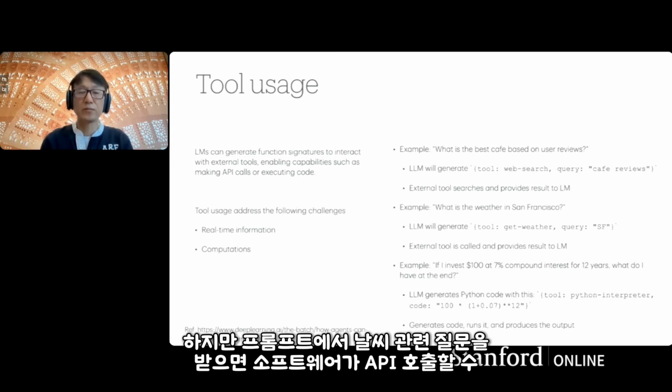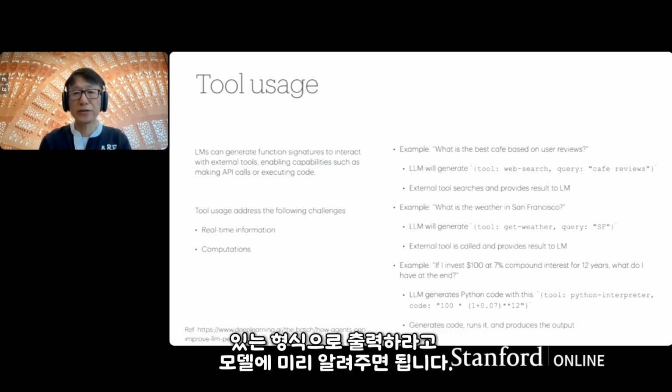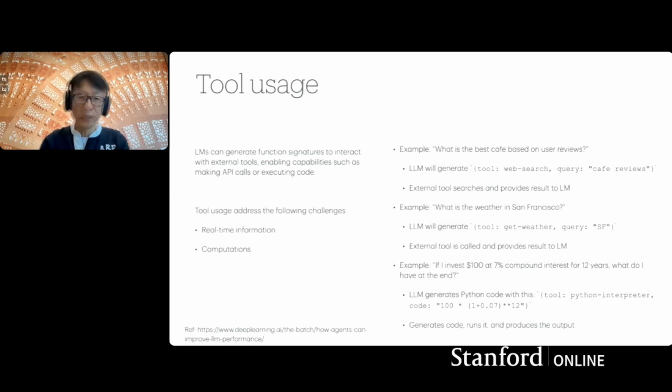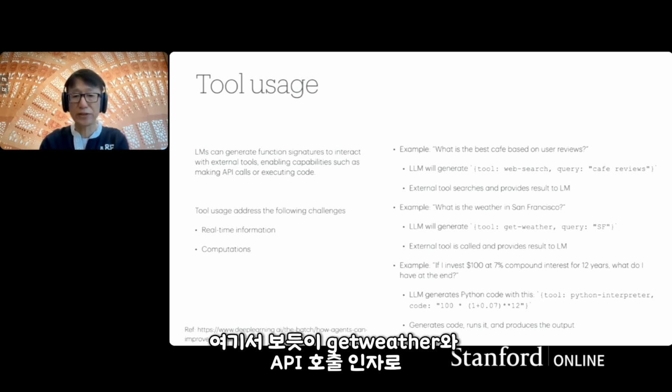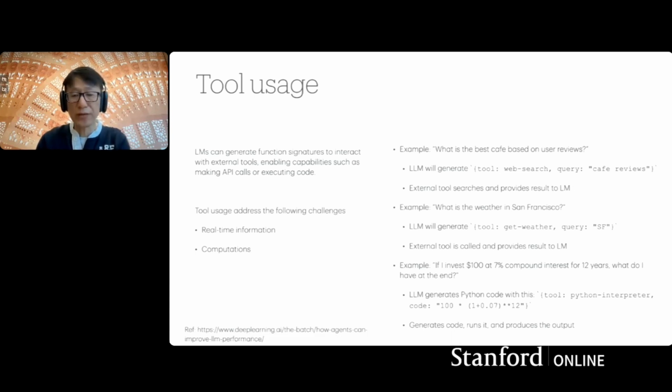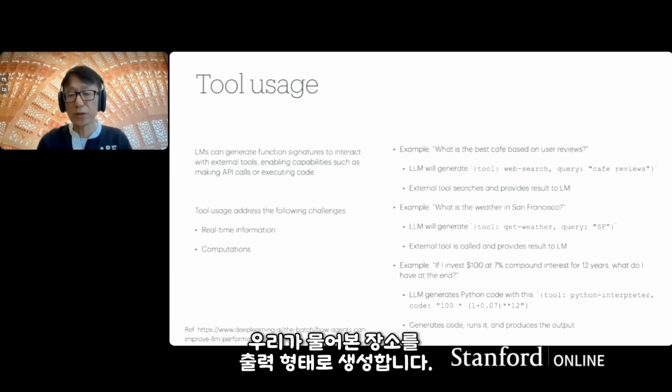However, if you tell the model beforehand, as part of the prompt, that if you are asked a weather-related question, it should generate an output in a form that the software parsing the output can use to make an API call, then the model will generate the output in a way that signals this is a case for tool usage. It generates an output in the form here, get weather, and the input argument to this API call, or function call, is the place that we asked.